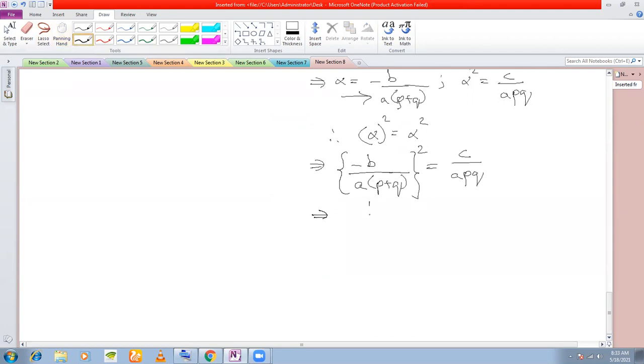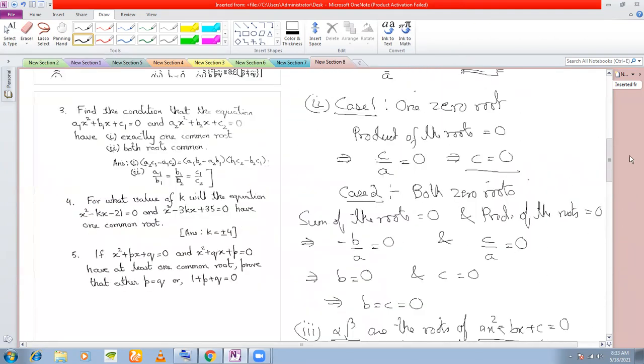That means you get b square divided by a square times p plus q square is equal to c by apq. That means this a and this a will cancel here. So you ultimately get the condition. If you cross multiply, you will get b square pq is equal to ac times p plus q whole square. Okay, so that's what your condition here is.